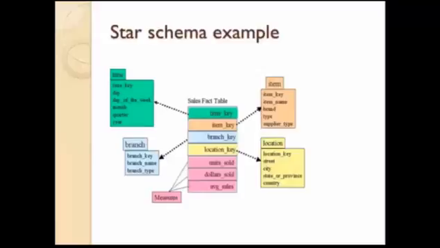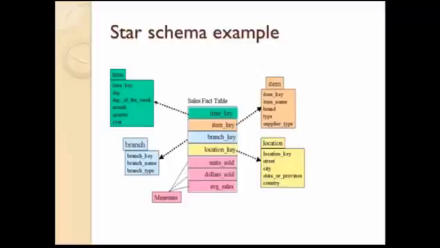It is actually color-coded green, which is very good. And similarly, if you look at branch, the primary key of branch is branch key. Again, branch key is duplicated in the sales fact table, color-coded in blue. All right, and similarly, item key is duplicated there, and so is location key.